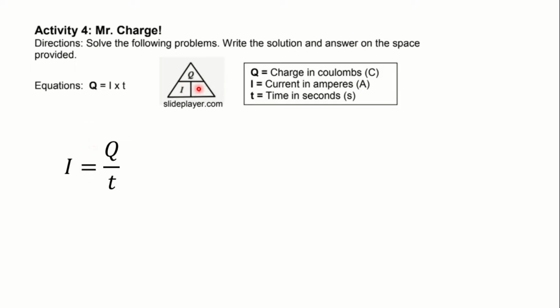If you are looking for time, then just cover T in your triangle. Then you are left with a Q that is divided by an I. So that is your equation for T. Similarly, if you are looking for Q, just cover Q in your triangle. Then you are left with an I that is multiplied by the T. So that is your equation for Q.